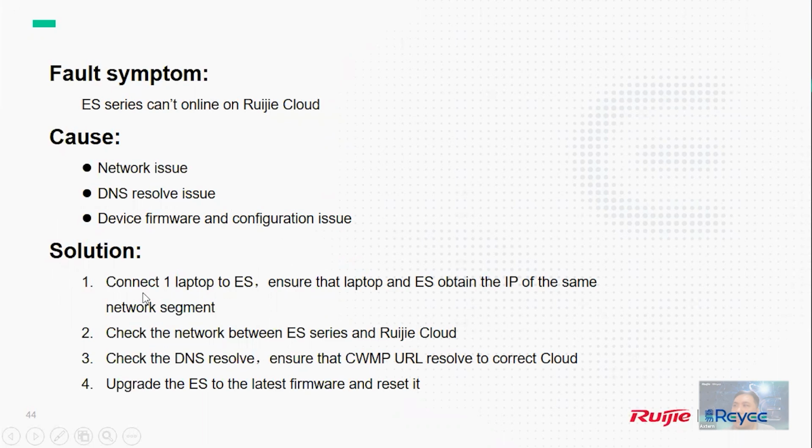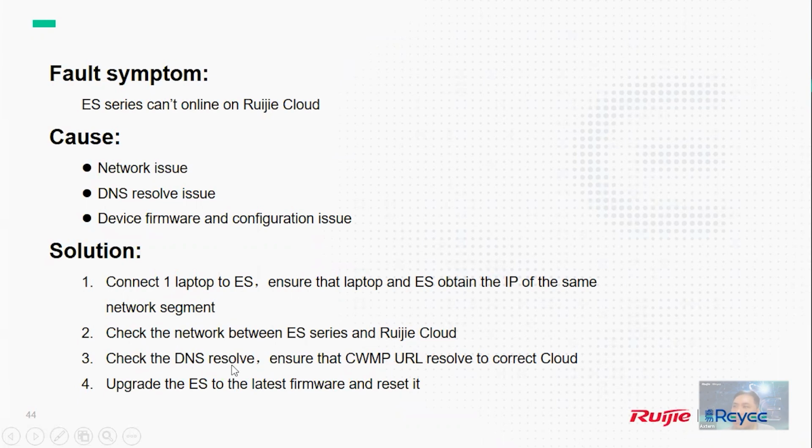Connect a laptop to the ES switch, making sure your laptop's IP address range is similar to the ES switch. Then you can use your laptop to do an NS lookup and a ping test to see whether it can connect to Ruijie Cloud or not.